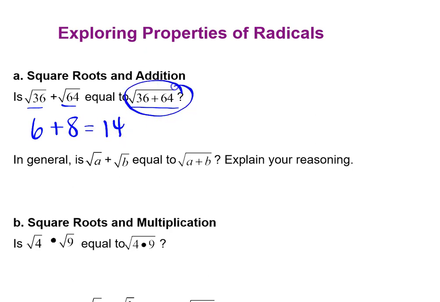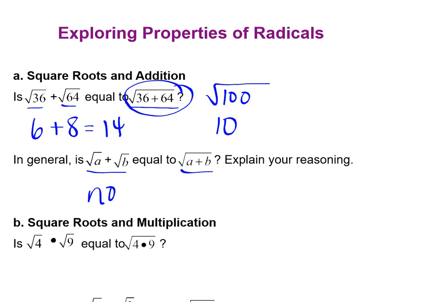When we do this problem, we add first. So 36 plus 64 is 100, and the square root of 100 is 10. Are those two things equal? The answer is no. We can see plainly that 14 and 10 are not equal. So in general, the square root of a plus the square root of b is not equal to the square root of a plus b.